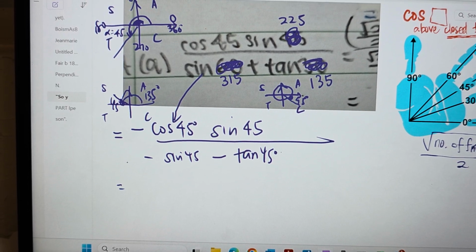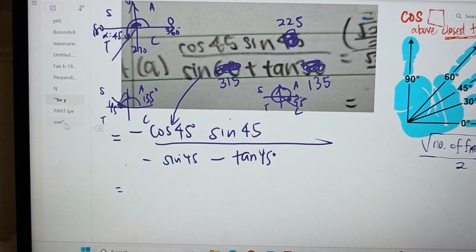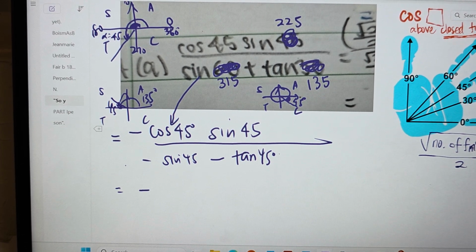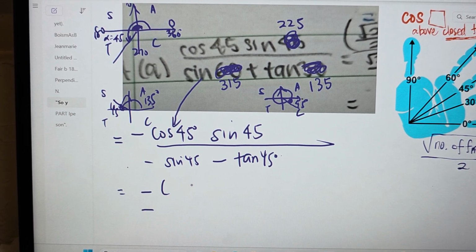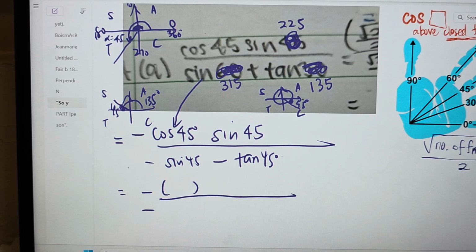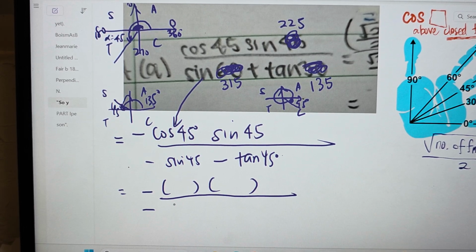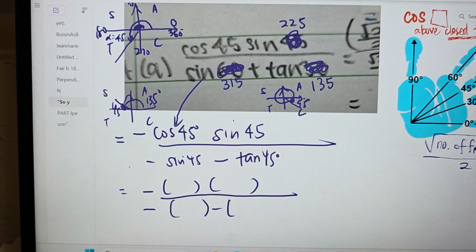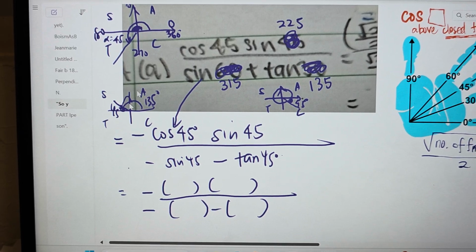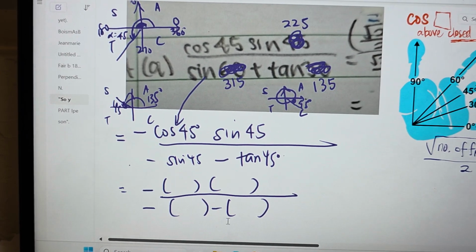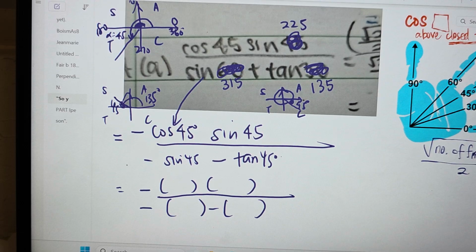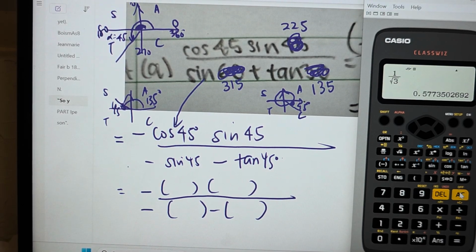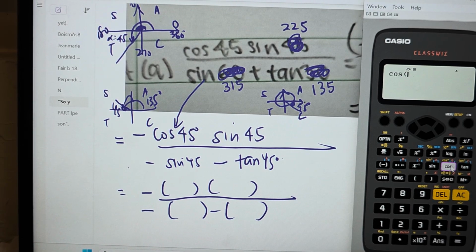Alright, so your cosine 45, now all these minus remains. You just need to use the calculator to obtain whatever values these are. Okay, so cosine 45, you press the calculator. Let's practice the calculator method. Cosine 45.